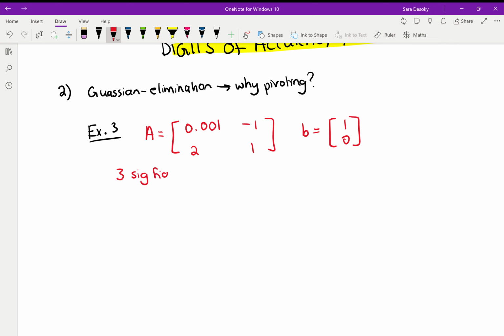And I think I rounded it, as it would say if it was an exam problem. A, no pivoting.